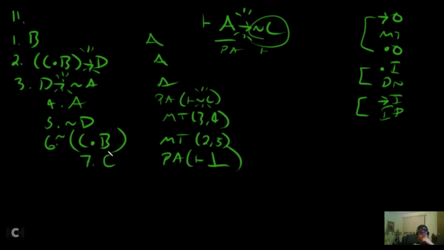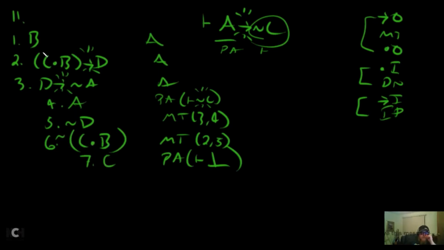So now with the C in play, what can we do? Take a look. Remember, the last move of an indirect proof is, do you have any contraries that you can put together? The first thing you want to look for is, what do I have that's already sitting there with negations in front of it? So look at line 6. Line 6 is not C dot B. First of all, can I build the opposite of that? Could I build C dot B?